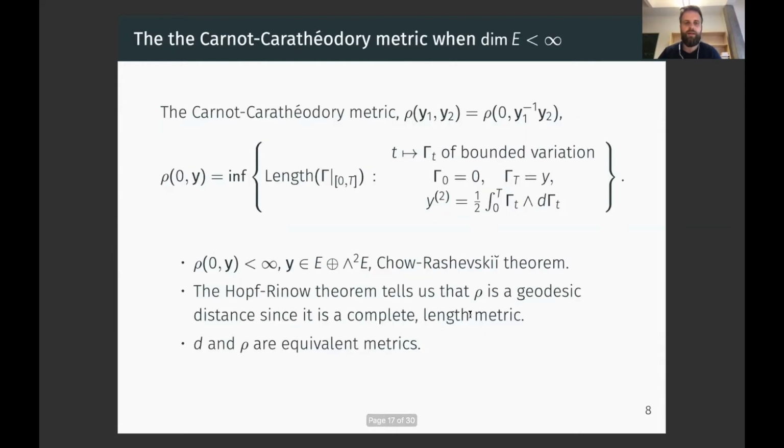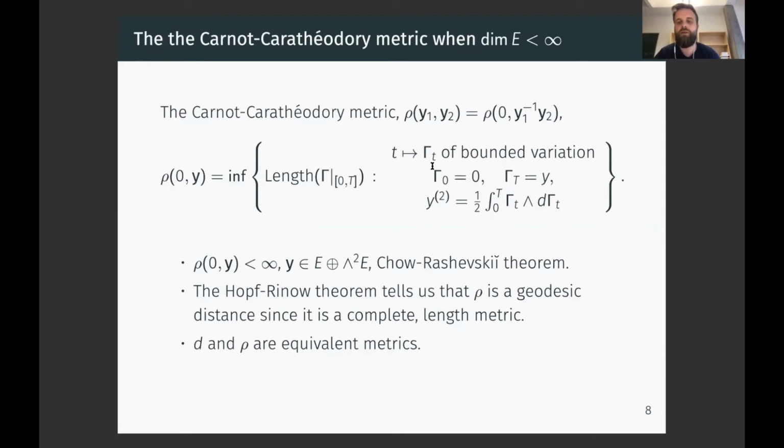So the thing you want to pick in the finite dimensional case is called the Carnot-Carathéodory metric, and it's defined in the following way. You basically take any point that the weakly geometric curves reach, and you say, what is the smallest length of a curve of bounded variation I can use to reach the same point?